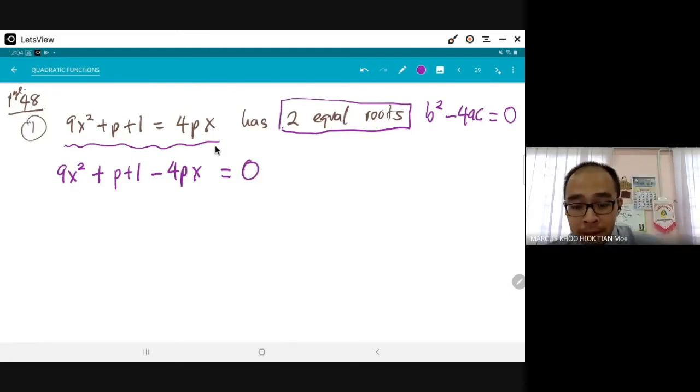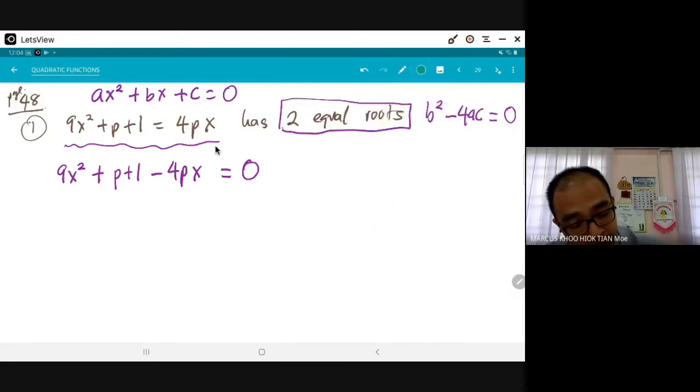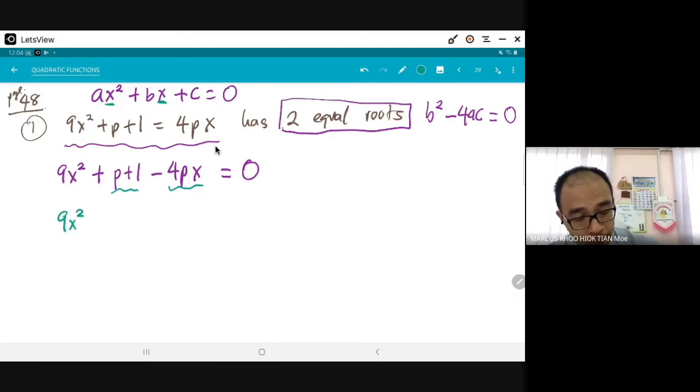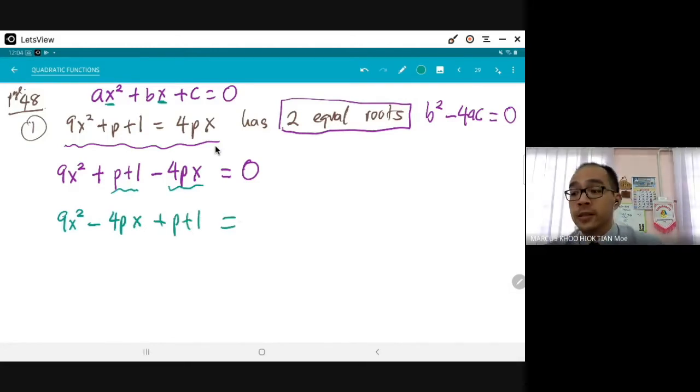Okay, but remember that quadratic equation is ax squared plus bx plus c equals to 0. The x squared must come first and then the x and then yang selebih here. So ini semua saya kena susun balik. Okay, when I rearrange it, I will get 9x squared minus 4px plus p plus 1 equals to 0.